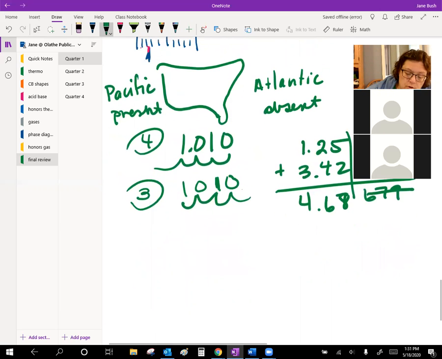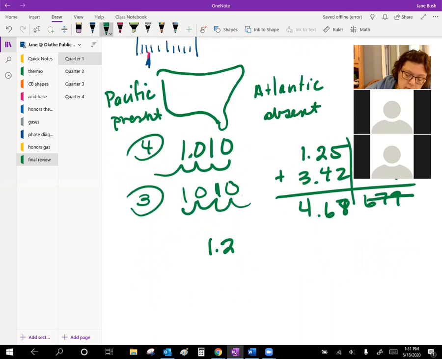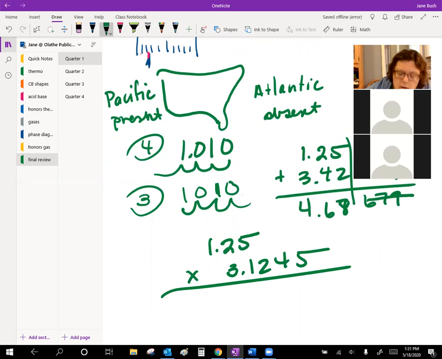But when you're multiplying, you go ahead and multiply the whole thing out. And let me calculate that. 1.25 times 3.1245. 0.905625.